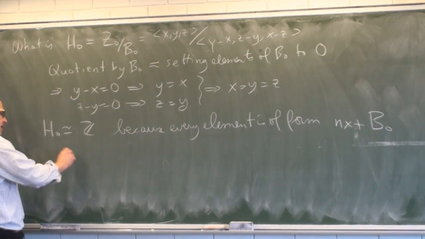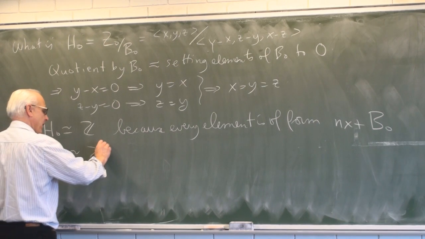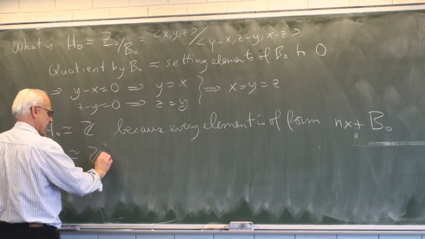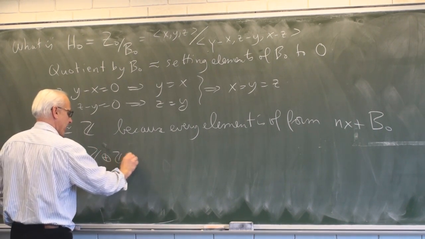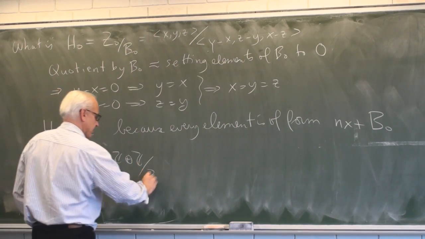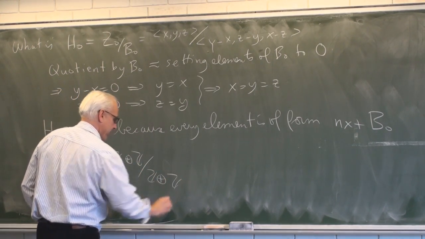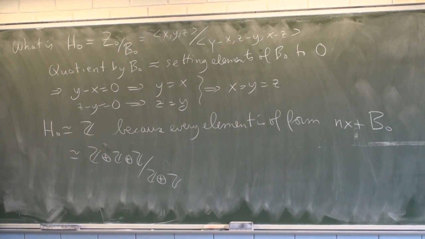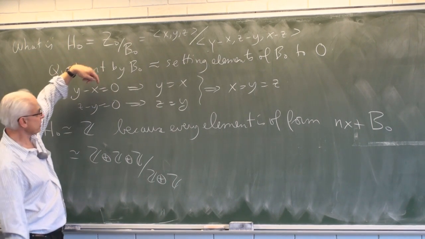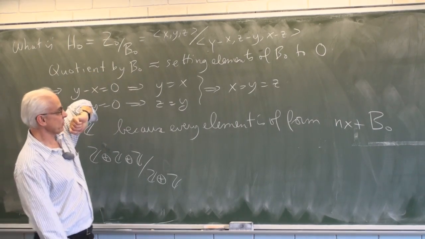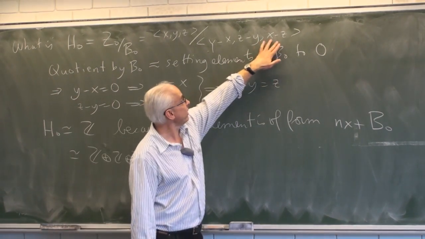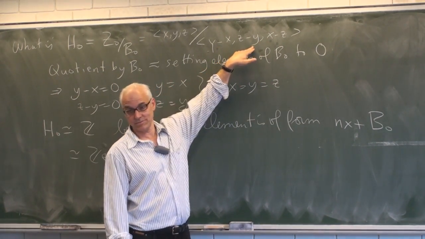Another way of thinking about it is that this is really Z3, if you like Z plus Z plus Z, mod a Z2. Because B0 is really a two-dimensional group. It looks like it has 3 generators, but it doesn't really, because this one is just a combination of these two.